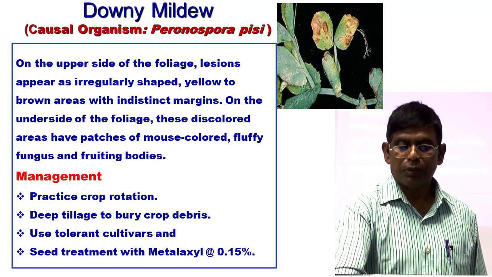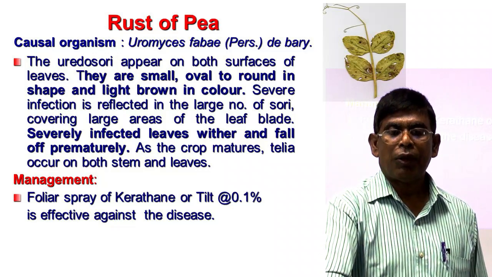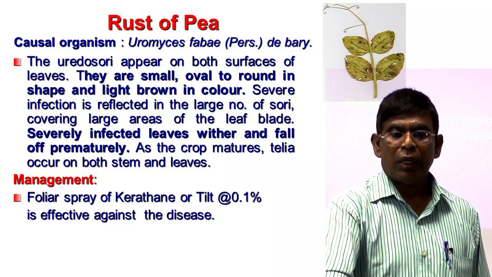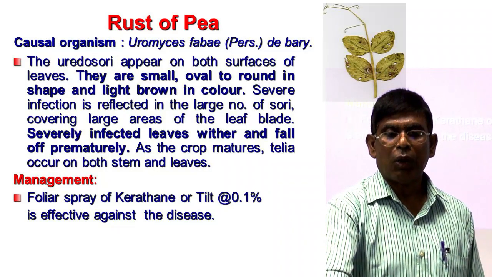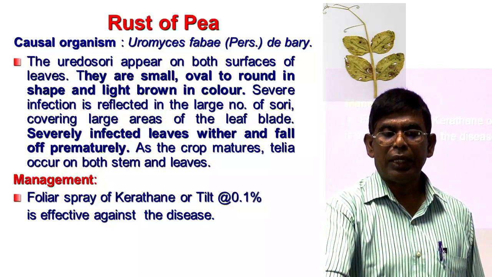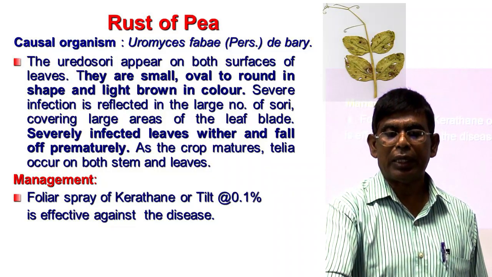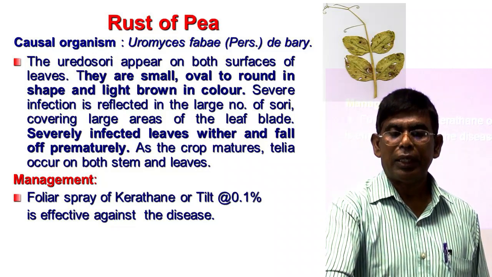Then rust is also an important disease. The uredia appear on both surfaces of leaves. They are small, oval to round in shape and light brown in color. Severe infection is reflected in a large number of sori, covering large areas of the leaflet.